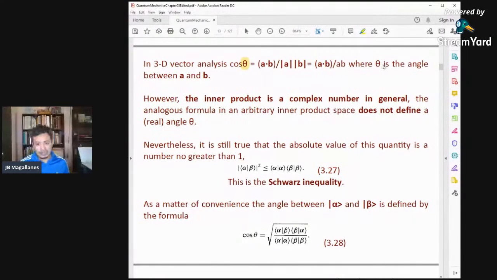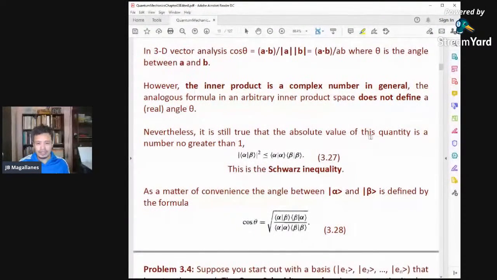There's also an analog to n-dimensional vectors, for example alpha and beta.